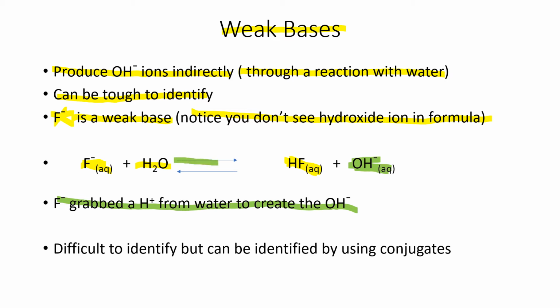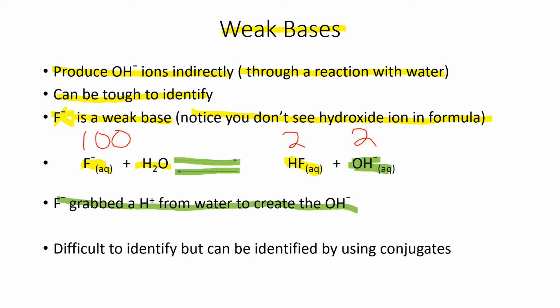Your arrows are double-headed arrows, identifying this as a weak reaction, as not going to completion, such that if you had 100 units of F minus, maybe only 2 or 3 actually react with water to give you only a couple units of hydroxide ion coming out.